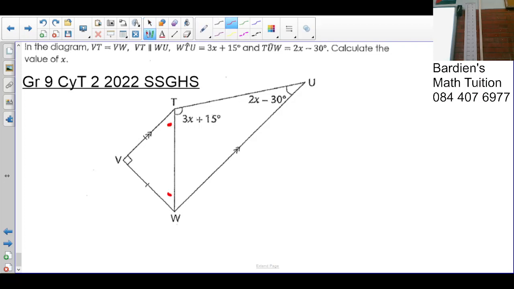Not so. Then we are told that angle WTU, this angle here, is 3x plus 15, whilst TUW is equal to 2x minus 30. Calculate the value of x. Okay. So, I need to set up an equation in order to solve it.